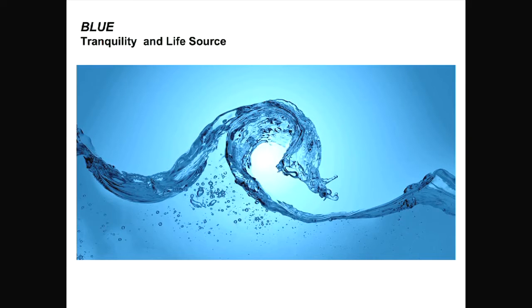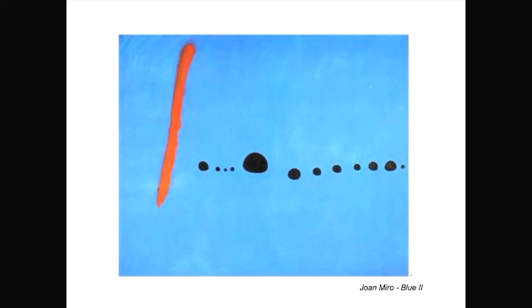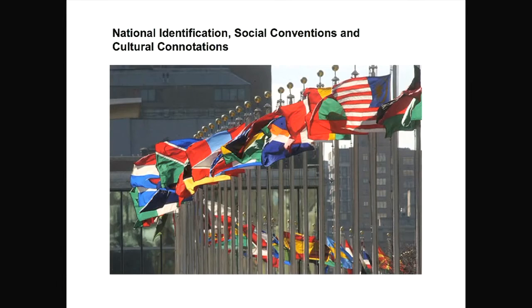Blue means tranquility and life source. Again, Joan Miró makes the blue to bring out the other colors. It is vibrant on its own, and yet it brings out the red and the black. Nowhere is more evident of colors signifying lots of connotations than the national flag.